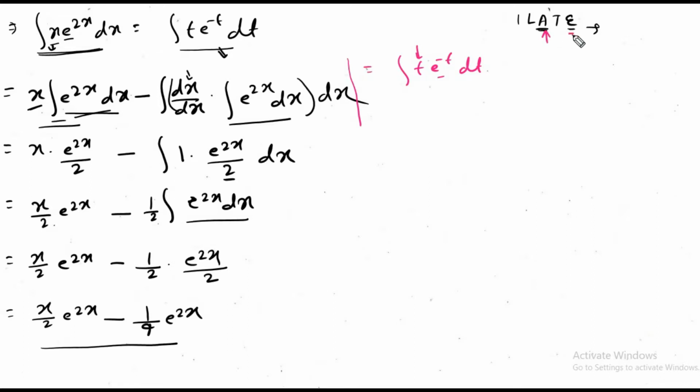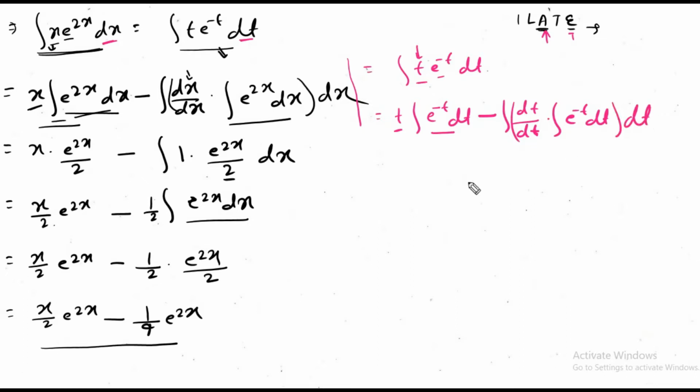Exponential is last, so we take t out from the integration, and integrate e to the power minus t into dt, and minus integration, t is taken out from the integration, so we differentiate t with respect to t and integrate the term which was integrated earlier, so e to the power minus t into dt, and further we integrate the whole term, okay.